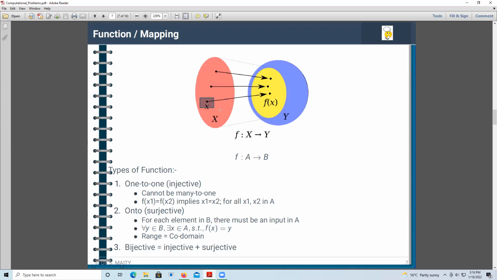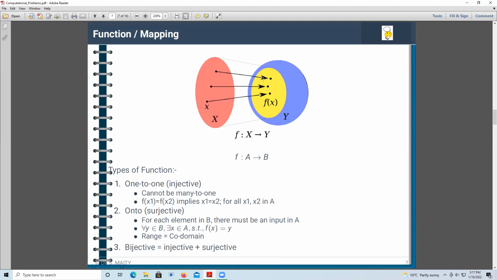In other words, you can also say that x is the inverse image of this element y or f(x), whatever you say. So y is the image of x and x is the pre-image or inverse image, whatever language you use, of f(x) or y.